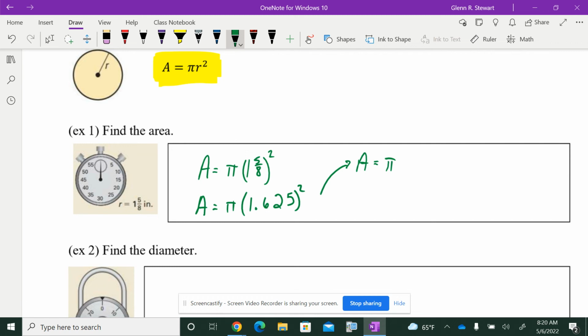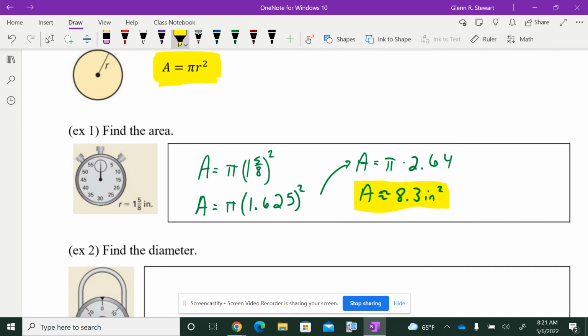So for this example, this would be pi times approximately 2.64, and then area would be approximately 8.3 inches squared. Make sure that you have that label on that. But the big thing is making sure that you square before you multiply by the pi.